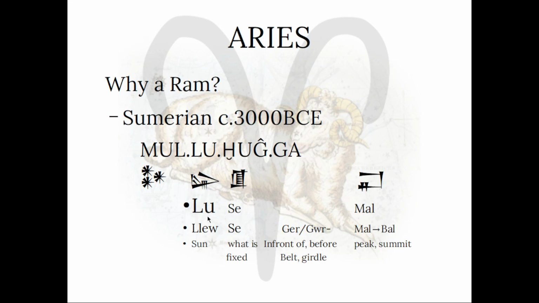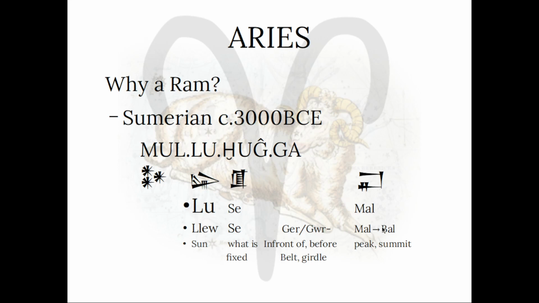Lw, chlw is a lion, but it's emblematic of the sun. Se is the root for lots of words, what is fixed. So seren or ser is a star. Ger, gwir, we've had gwir before. We've had a belt, a girdle in front of before.